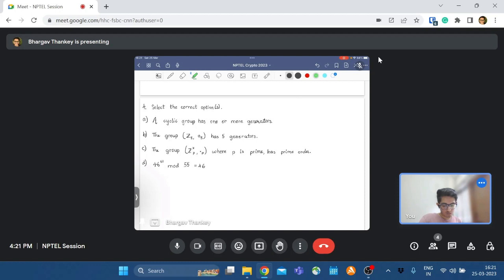Option C is the group Z_P cross with multiplication modulo P, where P is prime, has prime order. And option D is 46 to the 51 mod 55 is 46. So which of these are correct?